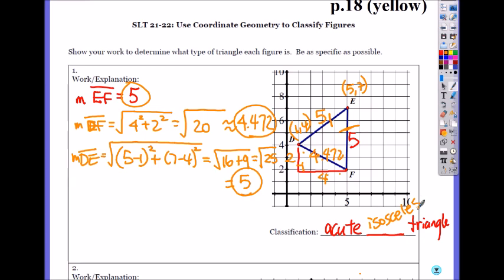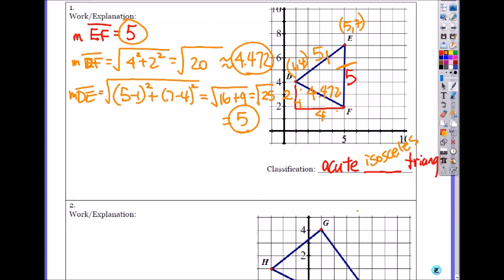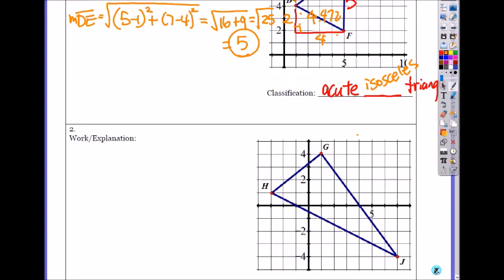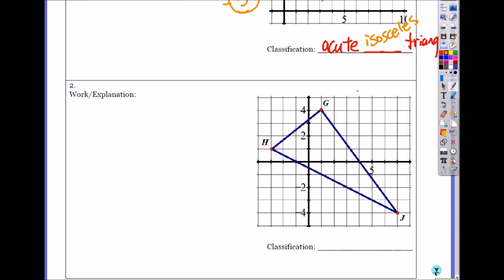Okay, let's try the next one. So it's a triangle. This one, what do you think? This is obviously acute, right? Less than 90. This one looks like less than 90. What about this one?